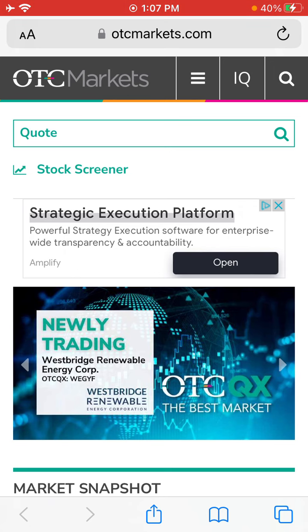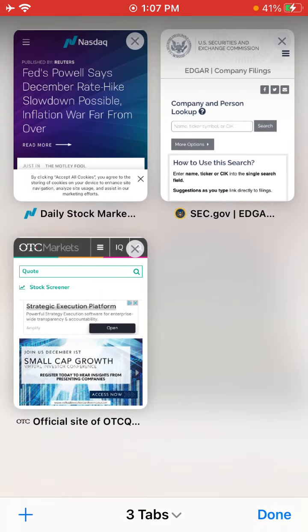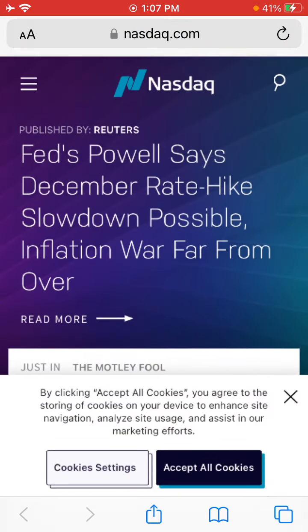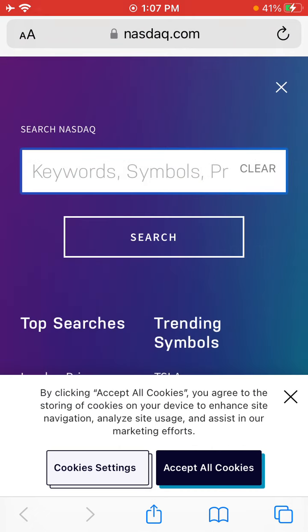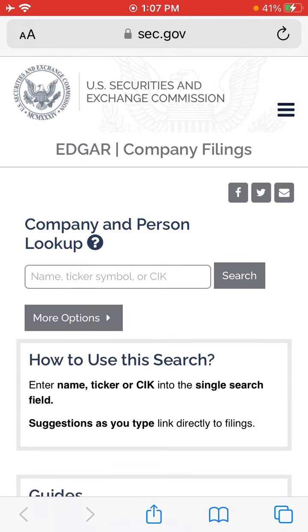otcmarkets.com to look at a stock's SEC filings, but you can also use other sites like nasdaq.com, and then you'll search and type in the ticker, or you can go straight to sec.gov and type the ticker, and then search the SEC filings.